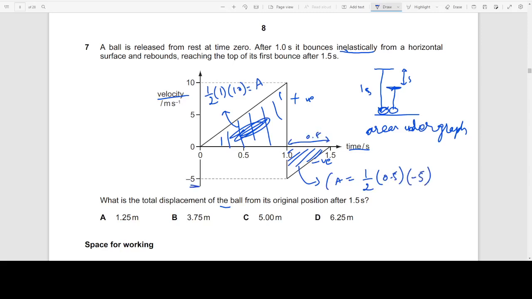So let's say this is A1 and A2. We'll just add A1 and A2, and the answer we get is B, 3.75.